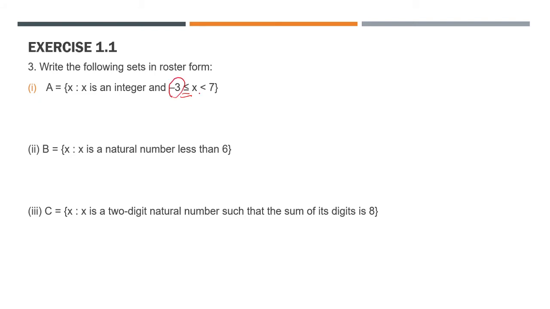On the other hand, here we see x less than 7. There is no equal to sign here. So, we should not include 7. We have to exclude it. So, the values are minus 3, minus 2, minus 1, 0, 1, 2, 3, 4, 5 and 6.